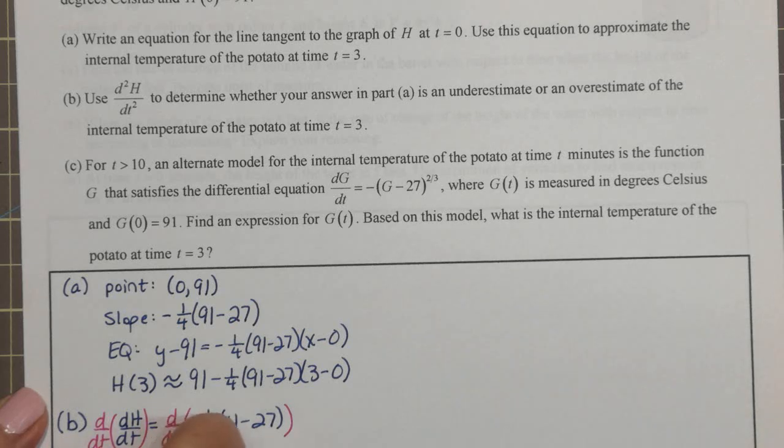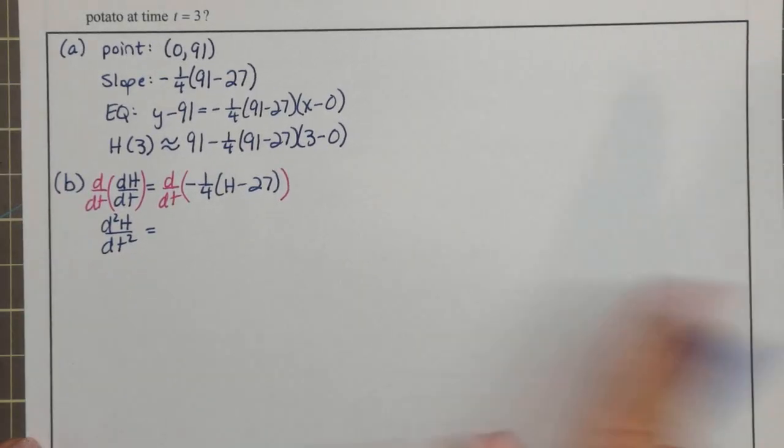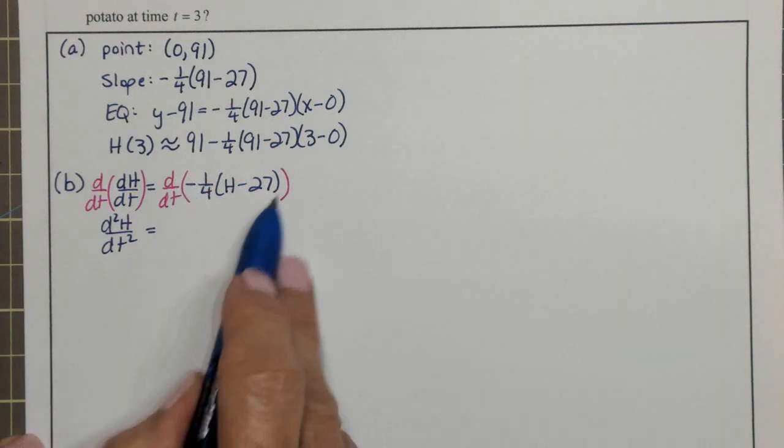So I will have the second derivative of h with respect to t. Okay, oops, I'll get to where you can see it. Okay. All right. What's the derivative of this?